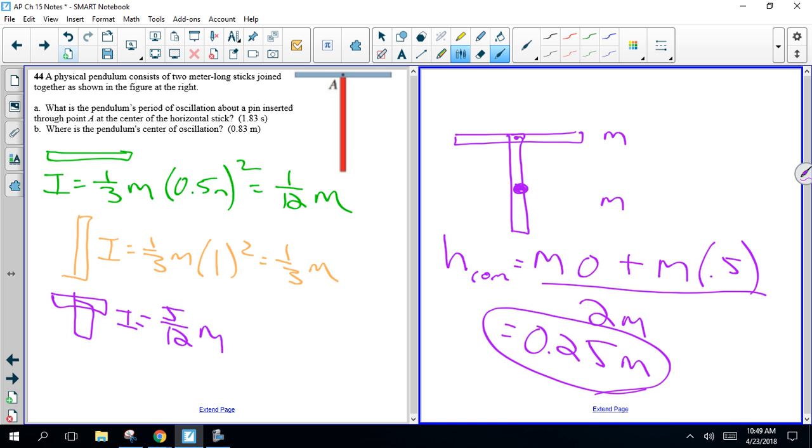Does that make sense or no? And that's 0.25. That m there is meters. All the other m's are mass. That m is meters. Good? So is that center of mass 0.25 from the top?